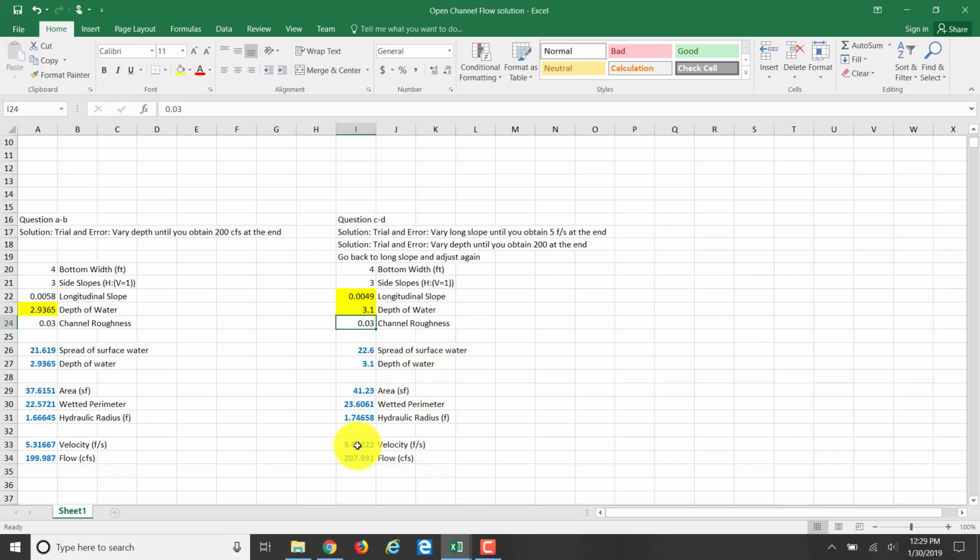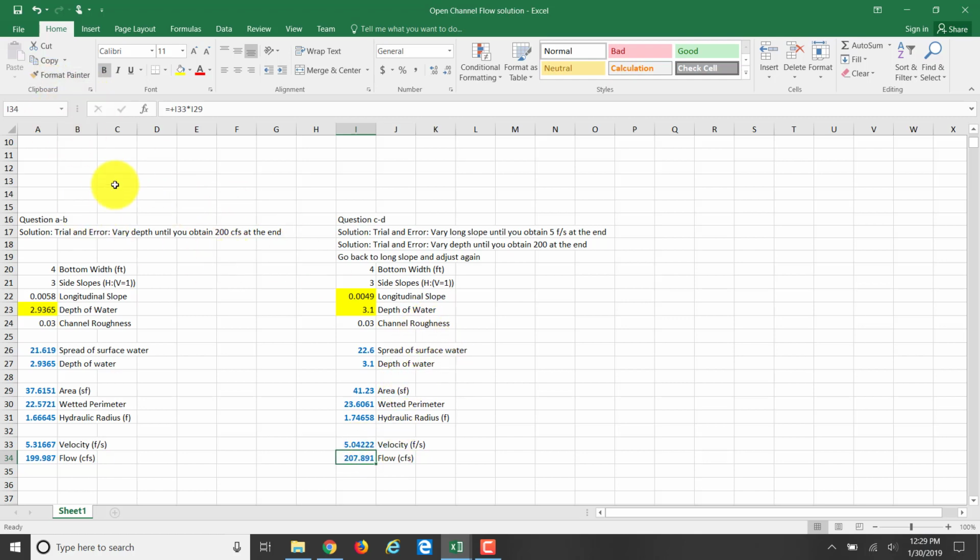And now if I look at 3.1 is the depth of the water that I had, my velocity is going to depend a little bit upon the depth of the water, because that changes some of the parameters over here. And it gives me a little bit different velocity, but then I also see where now I have my flow is a little bit over the 200 cubic feet per second that I need.